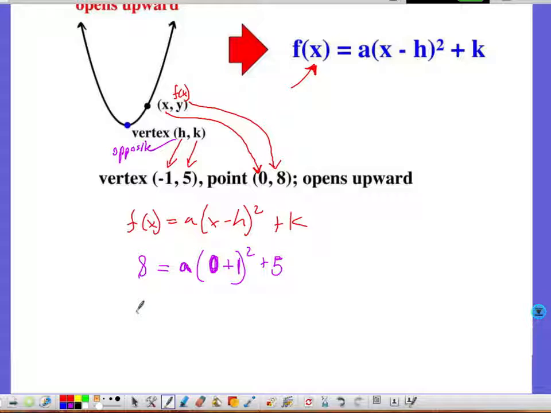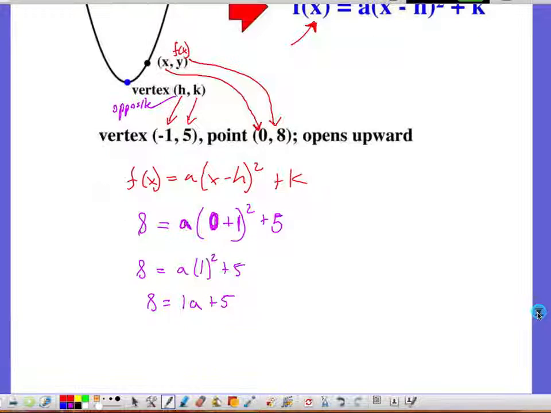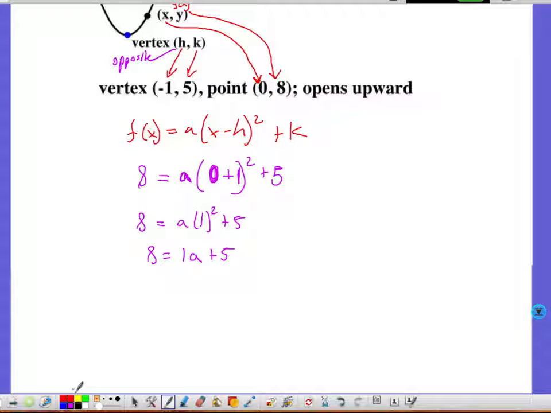So we can go ahead and begin simplifying by beginning inside the parentheses. 0 plus 1 is basically 1, squared, plus 5. 1 squared is basically 1 times 1, which is 1 a. Now look at what I did here. I just basically took the 1 and wrote it first and then followed by the a plus 5. And as you can see, we simplified this.